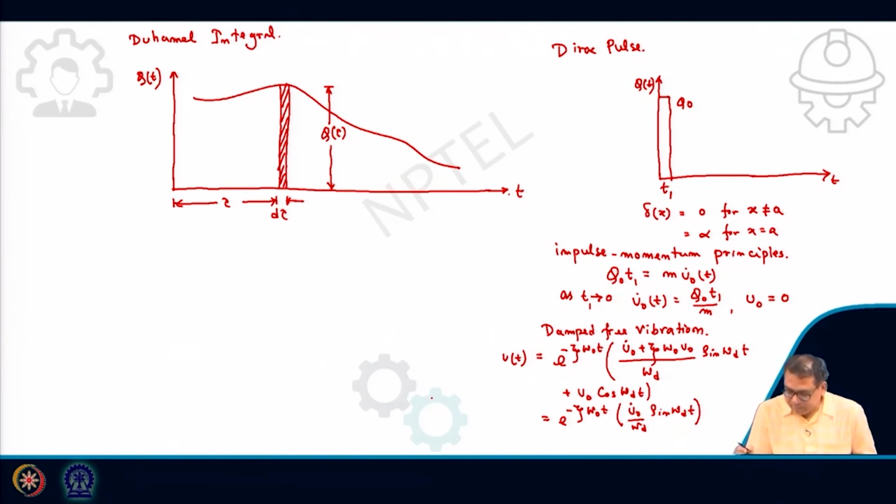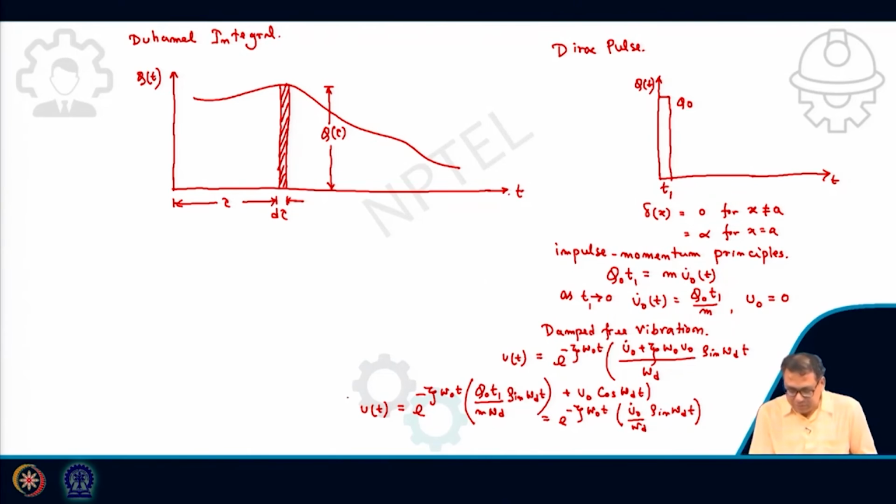Now from here I can write finally that u(t) will be equal to e to the power minus damping ratio omega 0 t, and that u dot 0 is q0 t1 by m into omega d into sine omega d t.